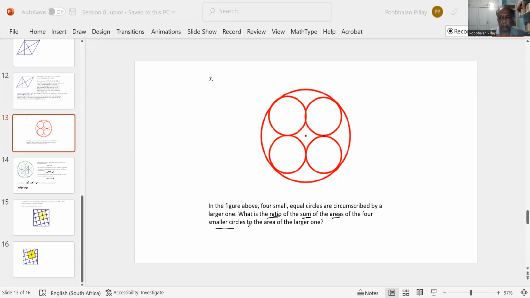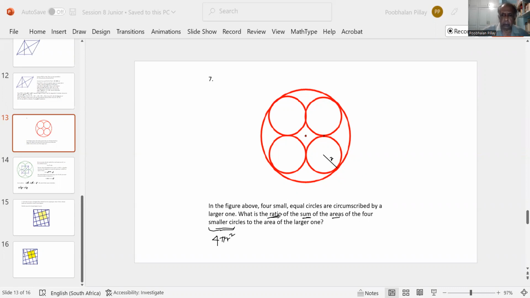If we know the radius of the smaller circle, suppose the radius of the smaller circle is r, then the area of the smaller circle is pi r squared. That's the area of a circle of radius r. But you've got 4 of them, so the total area is 4 pi r squared.